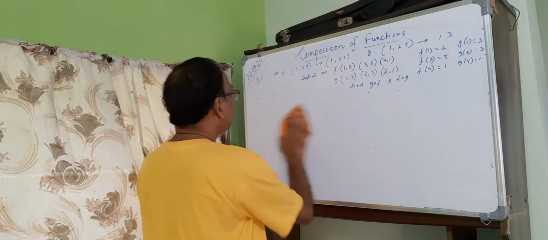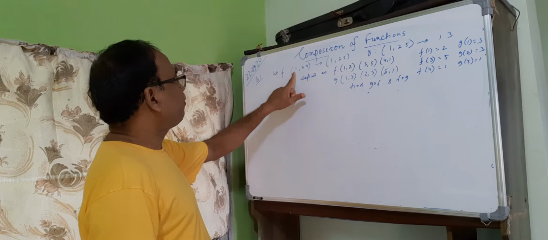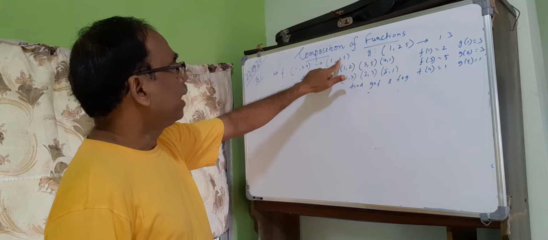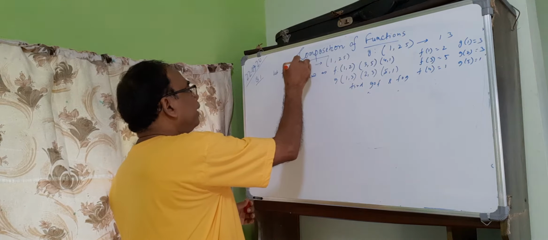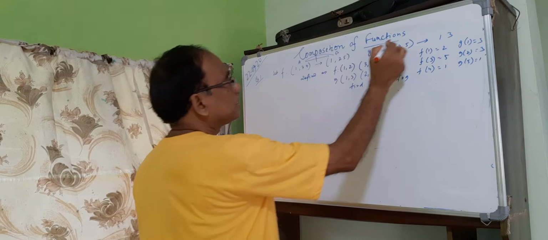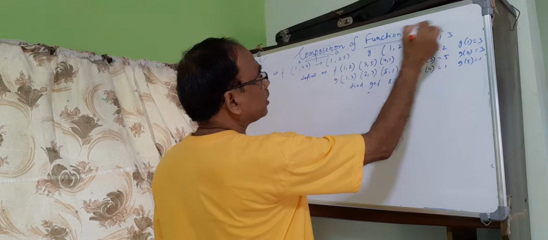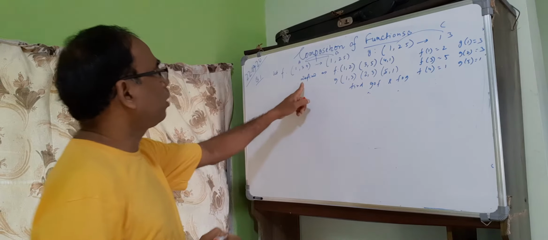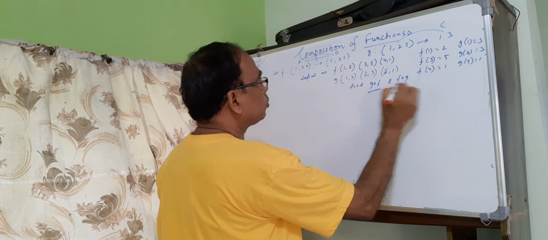Here sum number 1 is given. Let F be a function from A to B, and G be a function from B to C. We have to find GOF and FOG.